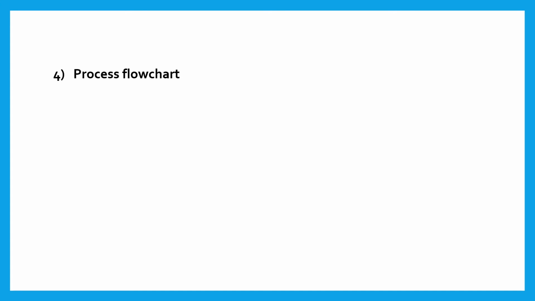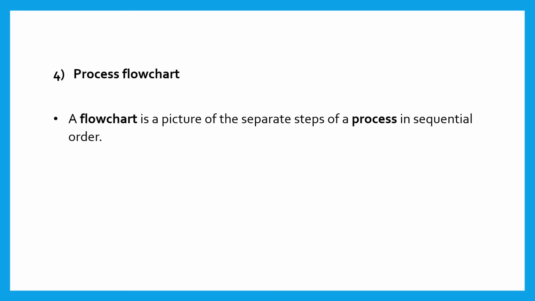Process flowchart. A process flowchart or process flow diagram is probably the most versatile of the commonly used flowchart types because it can be applied to virtually anything. A flowchart is a picture of the separate steps of a process in sequential order.